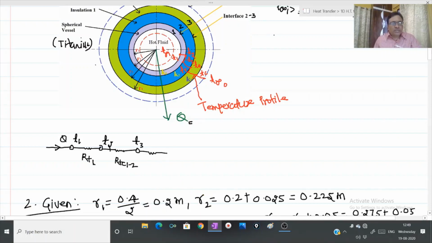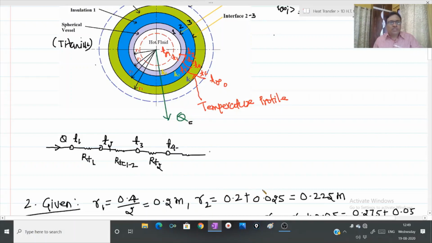Then next thermal resistance will be offered by insulation 1, which will cause temperature drop from T3 to T4. It will be conductive thermal resistance.